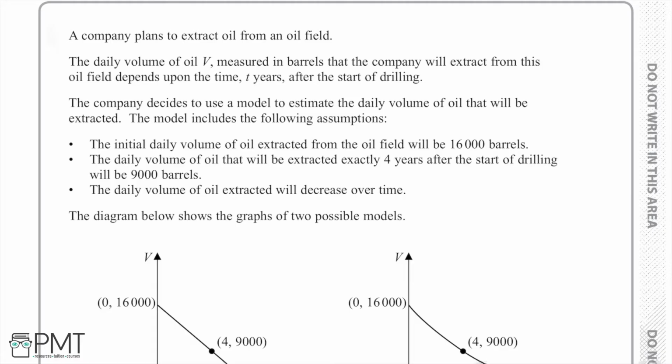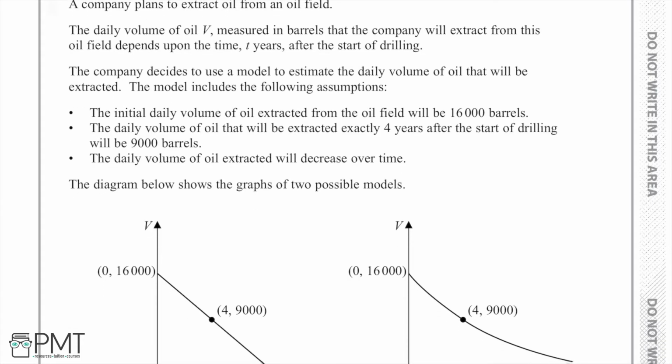The company decides to use a model to estimate the daily volume of oil that will be extracted from the oil field. And there are a few bullet points here with assumptions that the model accounts for. So we're told that the initial daily volume of oil extracted from the oil field will be 16,000 barrels. So this means that when T is equal to 0, there will be 16,000 barrels of oil being extracted.